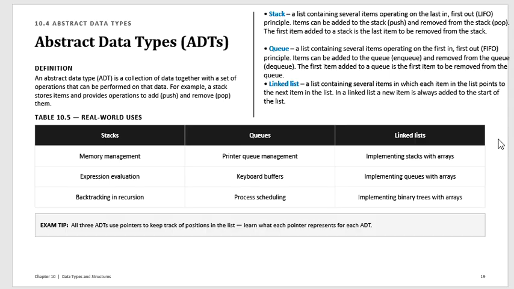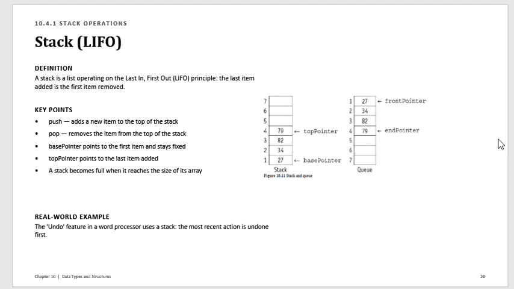The real world uses are mentioned down here. Stacks are used for memory management, queues like in printer queues, managing the printing processes, and linked lists for implementing stacks with arrays, which I'm going to explain.